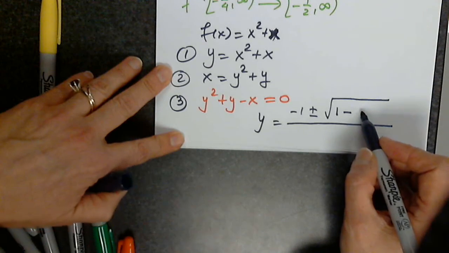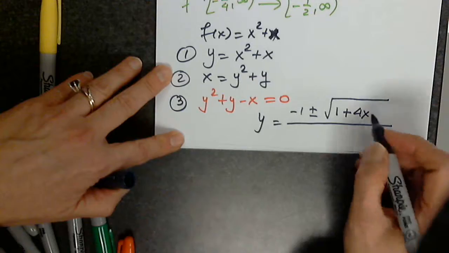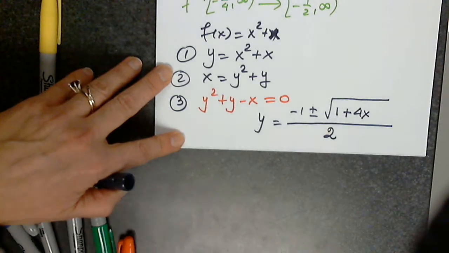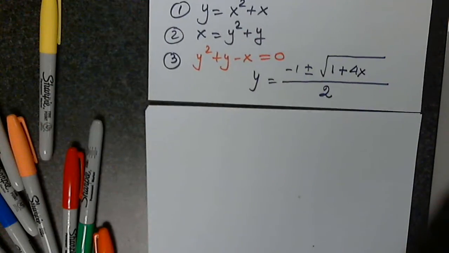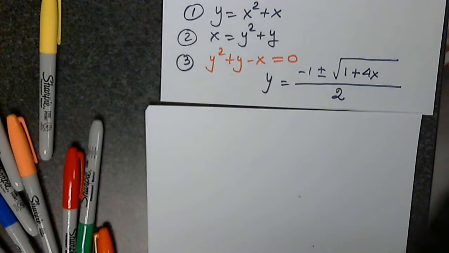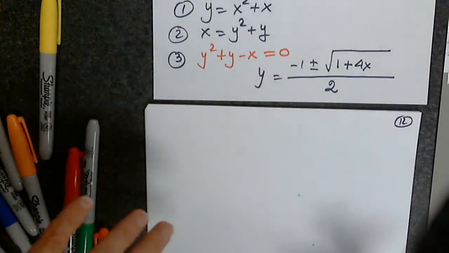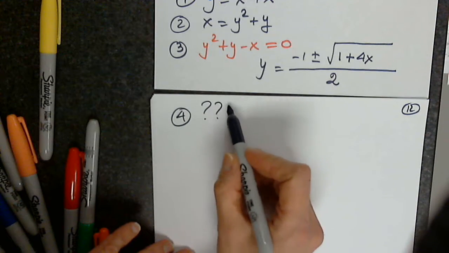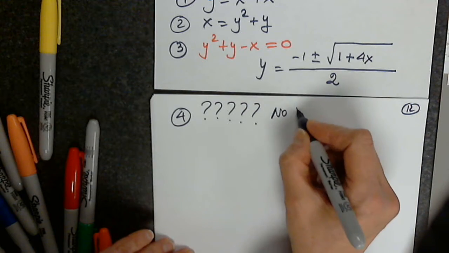But minus 4 times negative x will be positive 4x, and divided by 2. And in step number 4, I'll have as many question marks as you can write, and I'll say no way.